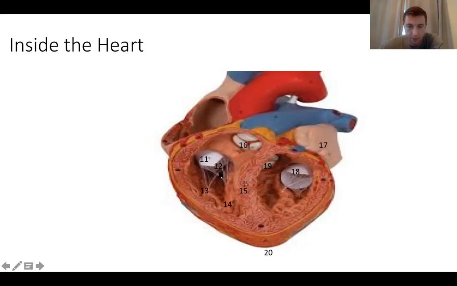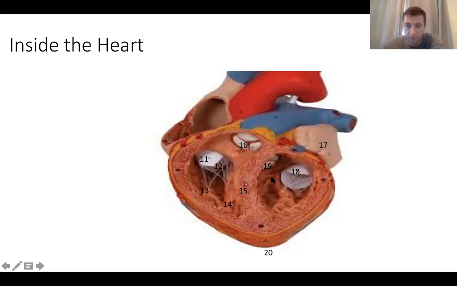It then shoots it through this valve right here into the pulmonary trunk. Once the deoxygenated blood picks up oxygen molecules in the lung, then it brings oxygenated blood back into this structure, where the oxygenated blood is then passed through this valve into the left ventricle.